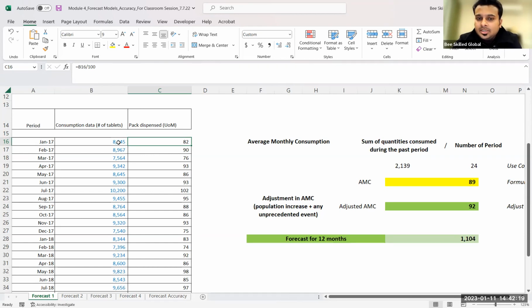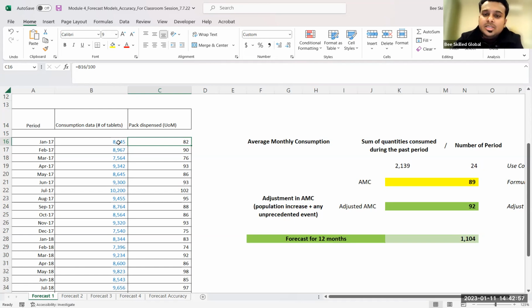It's not necessary that all those 100 packs are dispensed to the patient. So if we say that 100 is the consumption for that month, that would be a wrong estimate because the actual consumption might be something else. It might be 80, 70, or 120. Some of the facilities may have some packs remaining with them. So issues data or distribution data is not the right reflection of consumption.